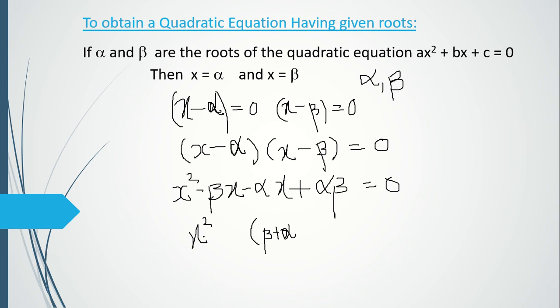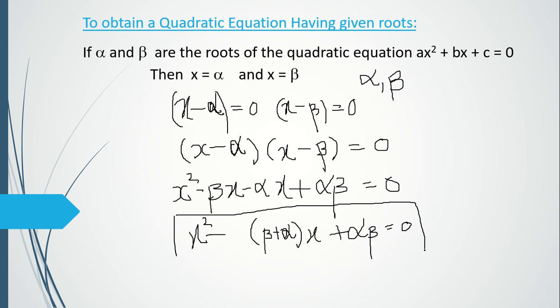So we are taking that minus x common. So that's alpha plus beta. I'm writing that x here because generally we write the variable term behind, plus alpha beta is equal to 0. So this you have to learn as a formula.